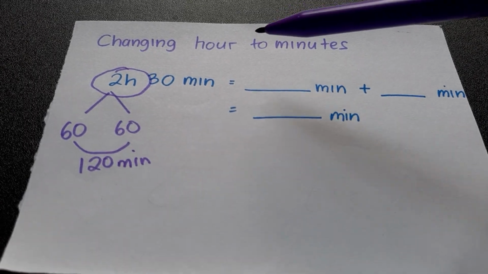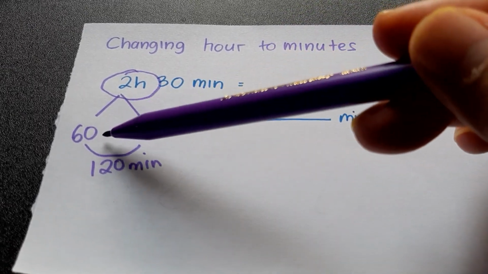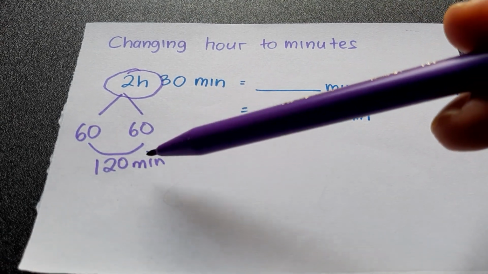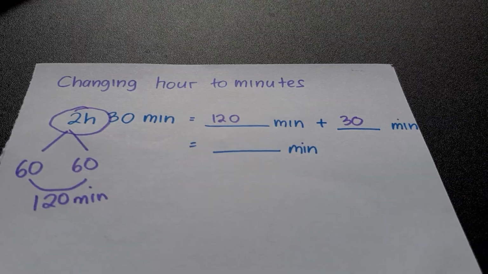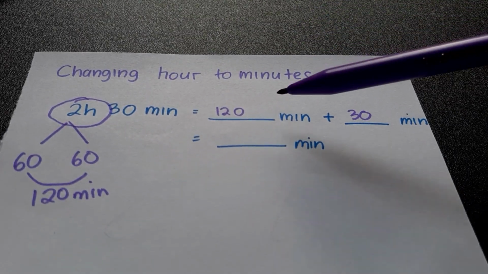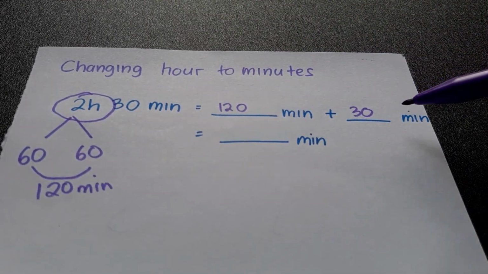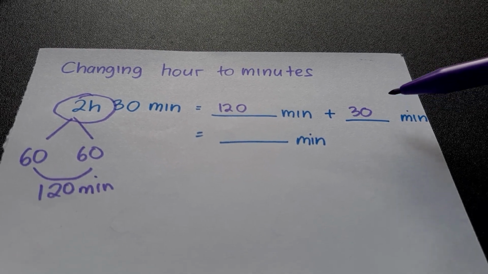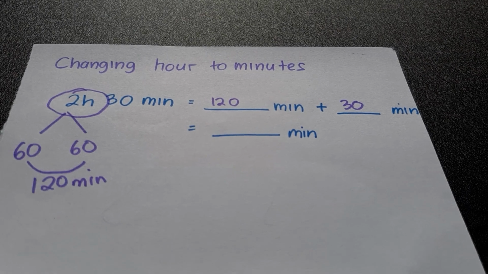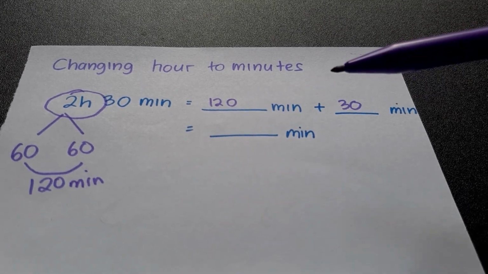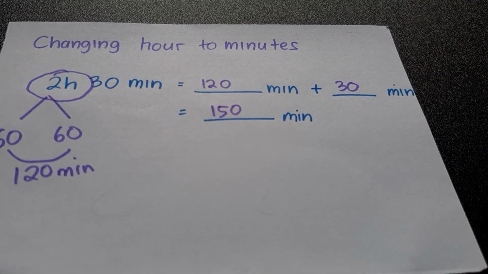If you don't know how many is 2 hours, you can do it like this. 60 minutes and 60 minutes is 120 minutes. So Miss Uni writes down 120 minutes over here and 30 minutes over here. So we know the total of 2 hours and 30 minutes is 150. I will write down over here. There, we got the answer.